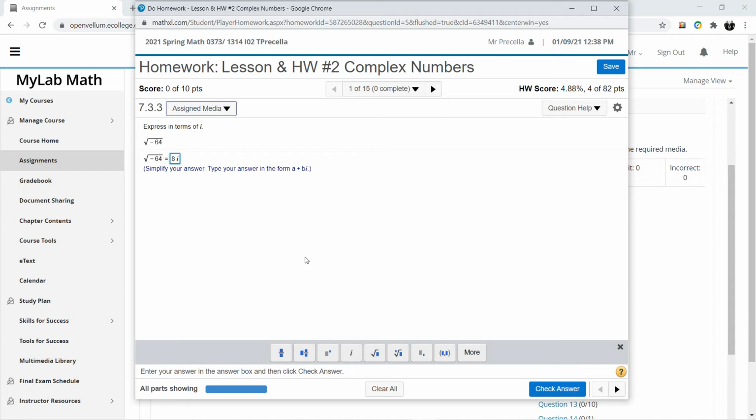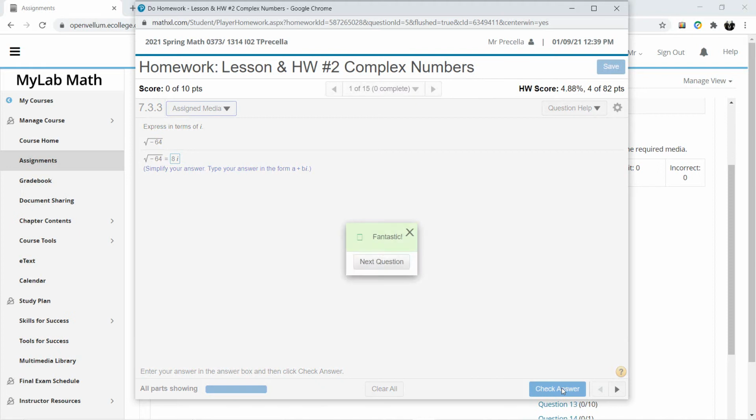Do not use capital letters. Okay? That's throughout the whole semester. No spaces, no capital letters. Notice how it spaced it right there. If you're doing it correctly, it'll space it correctly for you. Let's say check answer.